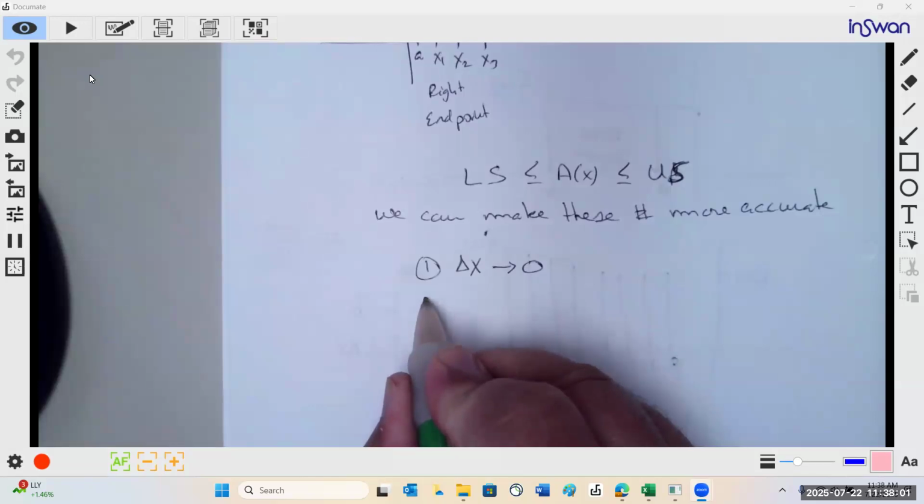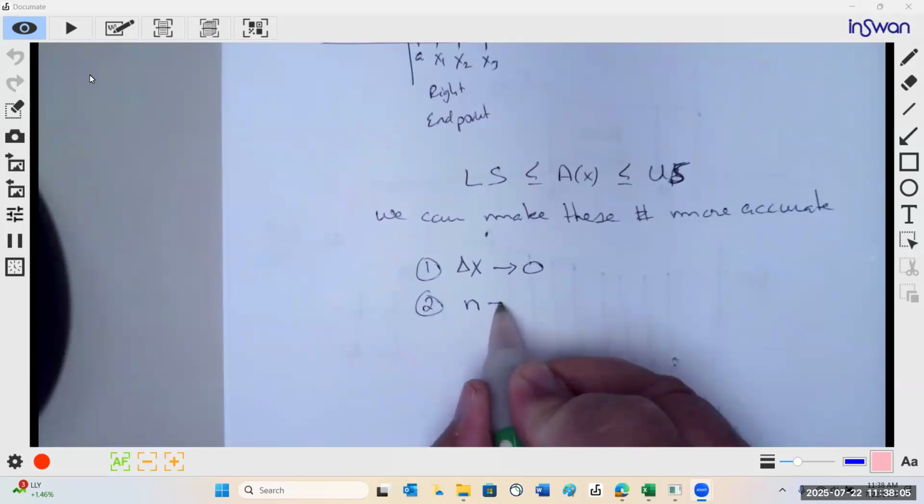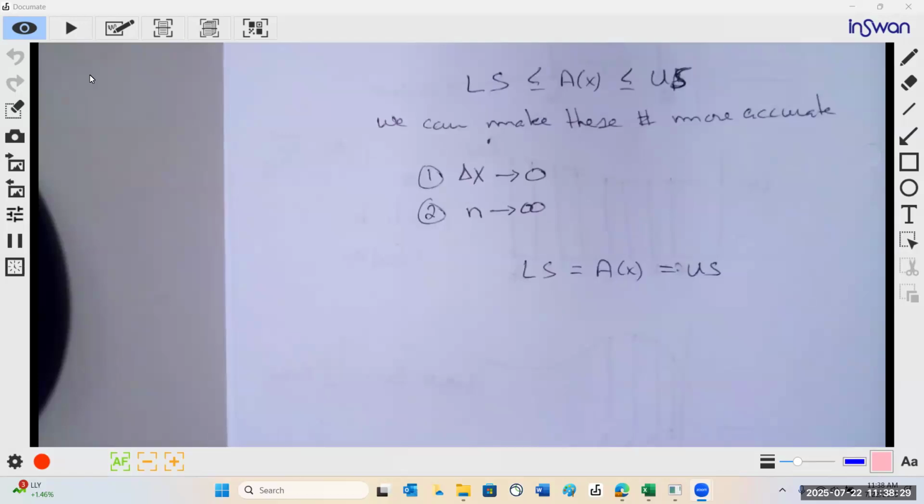And in doing so, the number of intervals we have will go to infinity. The smaller the interval, the more numbers we'll have. So far, so good. So eventually, our entire goal is where the lower sum is equal to the area is equal to the upper sum. That's our entire goal.